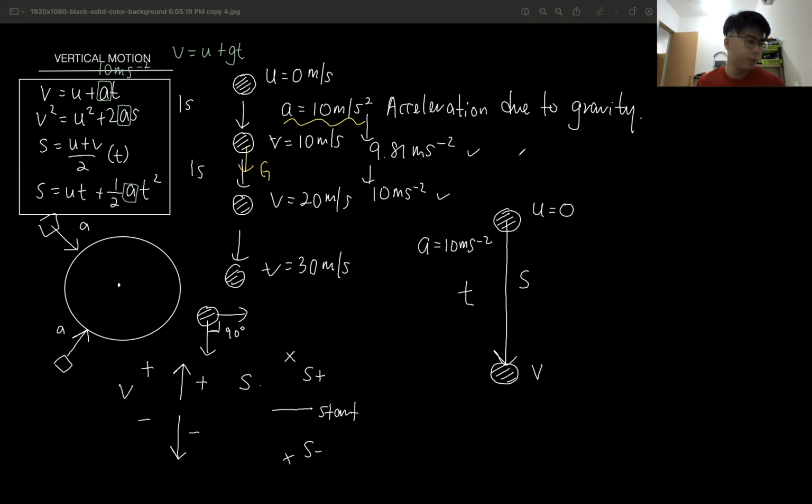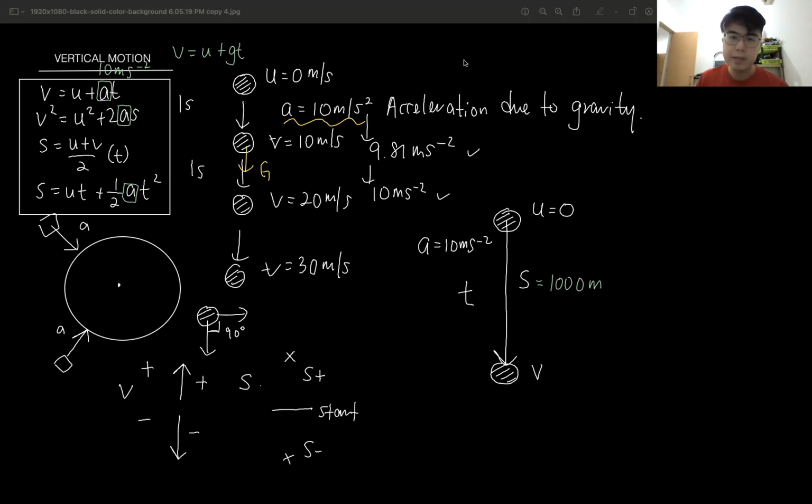Let's say if I want to find the final velocity of an object that falls, let's do an easy one, 1000 meters. I want to find out what is the final velocity that it achieved after falling 1000 meters.